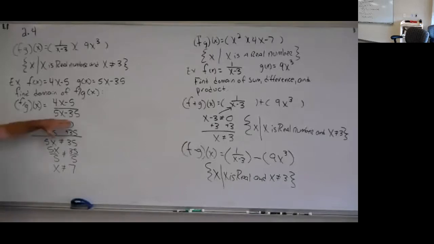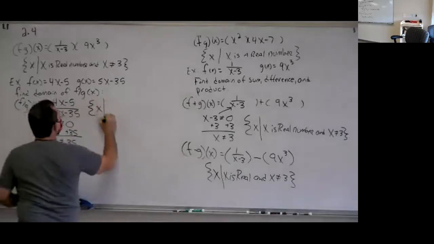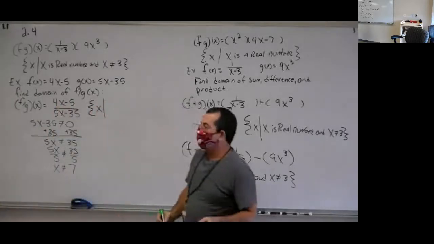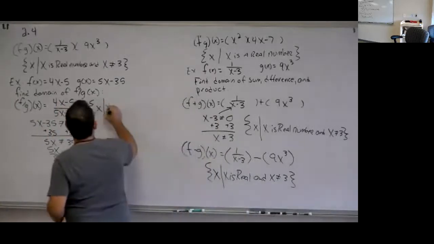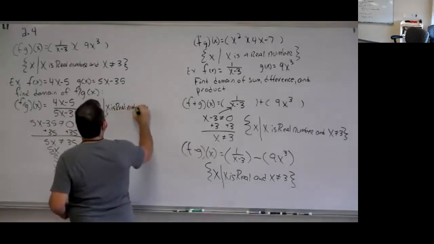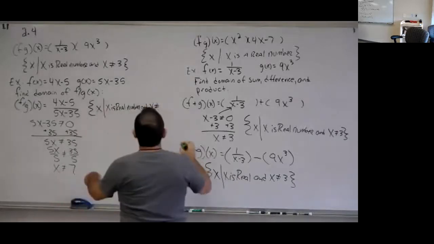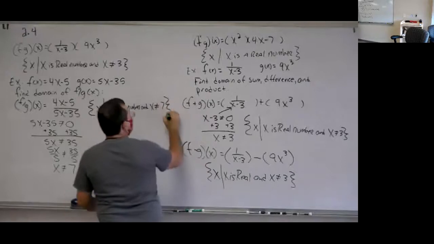And 7 is the only number I can put into this that'll make this undefined, right? So my domain will be x such that x is a real number and x, we said, could not equal 7.